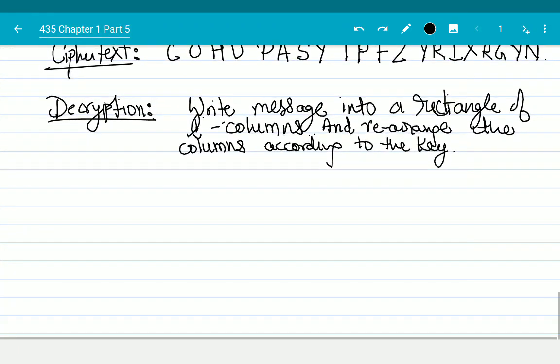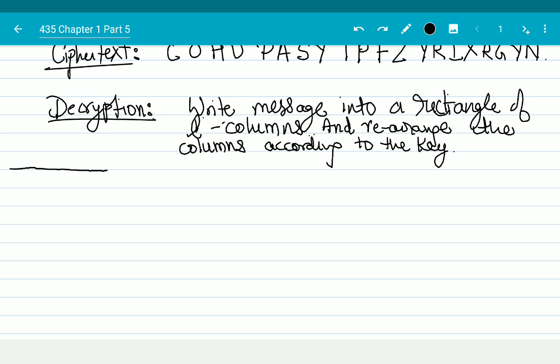The only way you can decrypt is if you know the key. So that's an example of a transposition cipher, where you are just jumbling the letters of the message and adding some extra garbage so that it's not completely just the word missing.